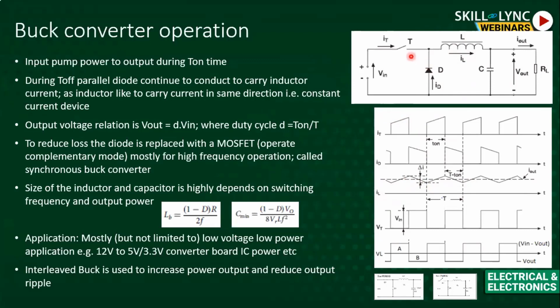When the transistor is on, the voltage source is there, the output voltage is there, and the current will increase. When there is no source, that means the transistor is off, it will continue the current in this way, so there is a decay. So basically it is a continuous conduction mode, where the inductor current never comes to zero.